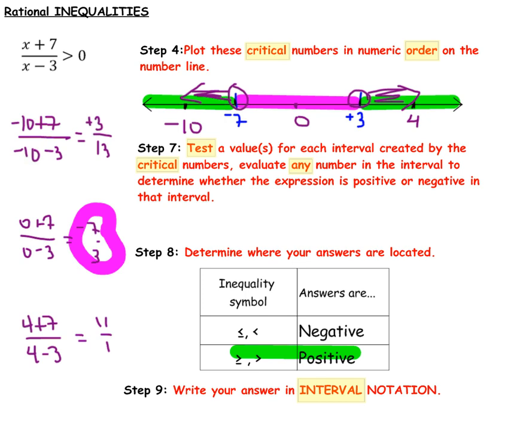So my answer in interval notation, based off of this graph that I've made, says I'm coming from negative infinity, and I'm going to go up to negative 7, but not actually get to negative 7, and that's a union with not being at positive 3, and then I'm going to go on forever and ever and ever in the other direction.